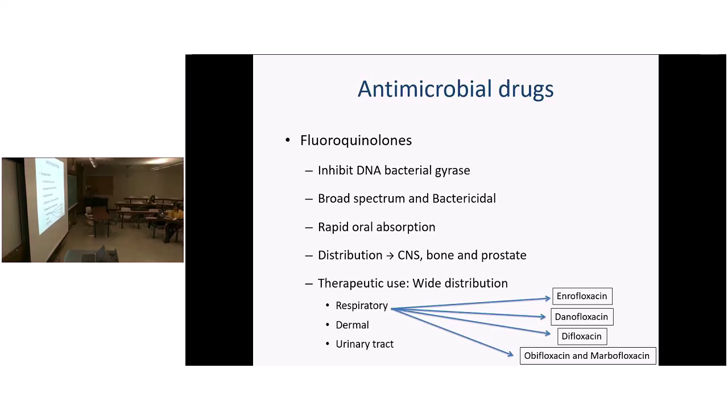For example, everything that treats the central nervous system. Enrofloxacin is one, chloramphenicol, which we're going to see later, is another one. They basically cross membranes like crazy. Because in order to cross the blood-brain barrier, not everything crosses.